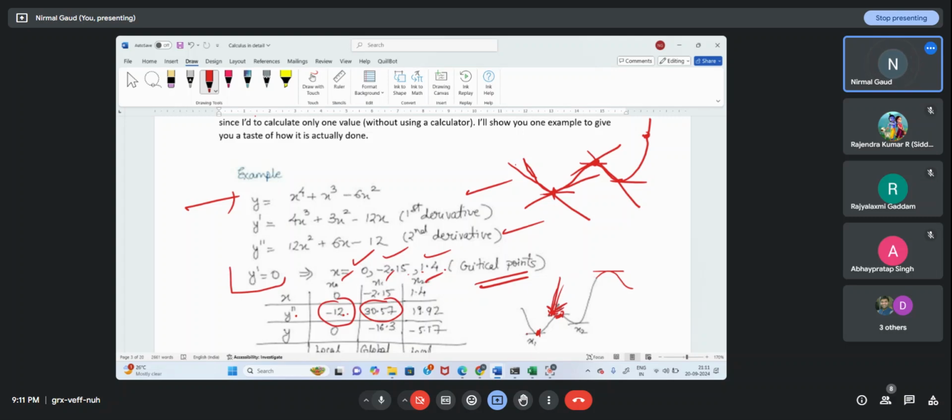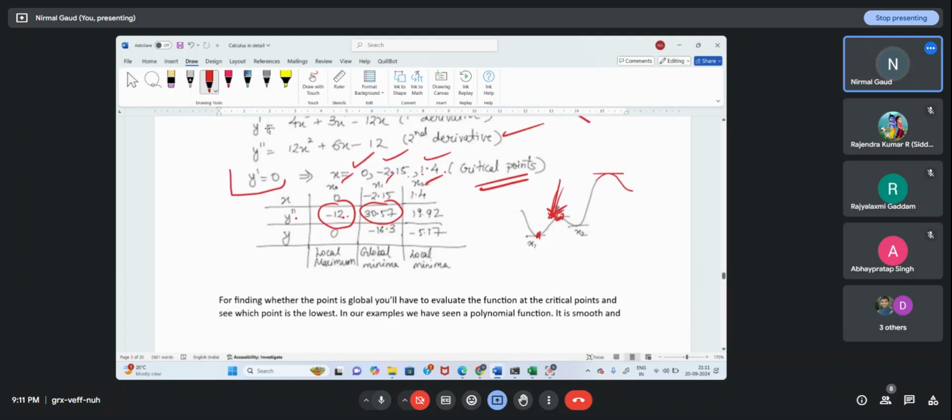Okay, fine. And then at 1.4, that is again positive, so here also there is a minima. 19.92, again a positive value, minima.